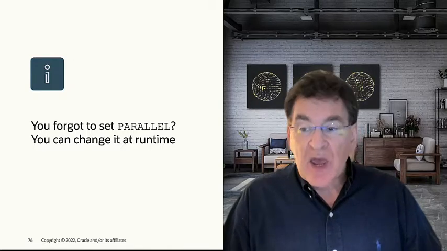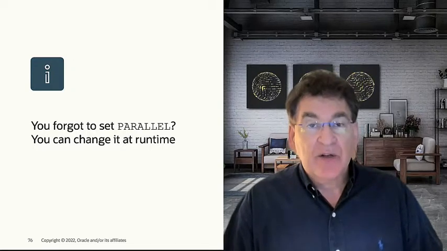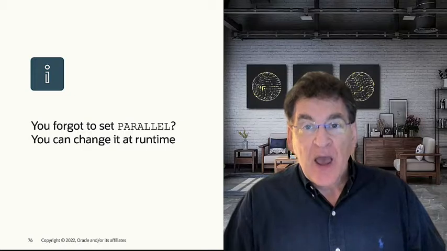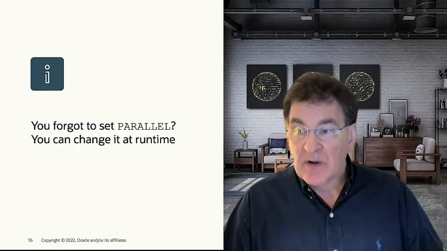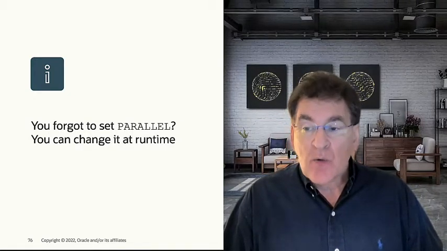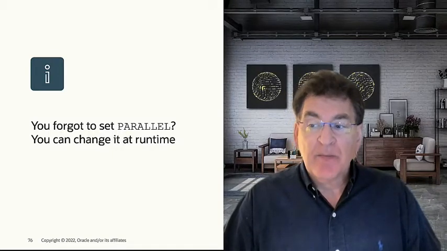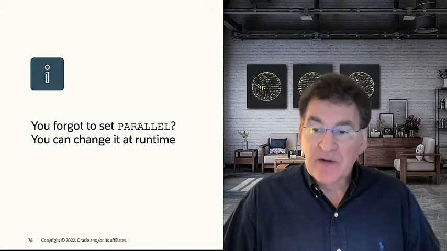By the way, you can even set or change the degree of parallelism after the job has started. Later in the webinar, we'll show you how to change the parallelism for a running job using the interactive commands.